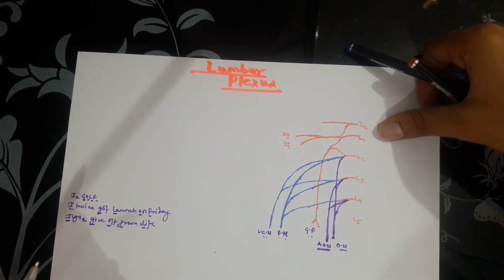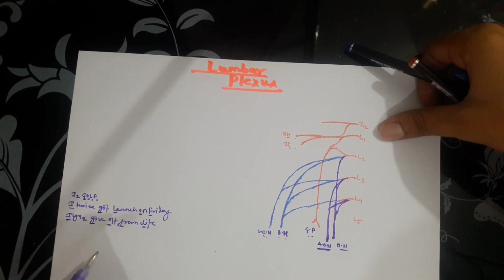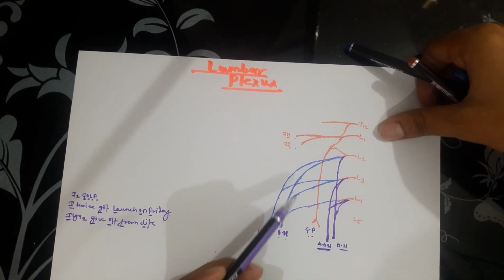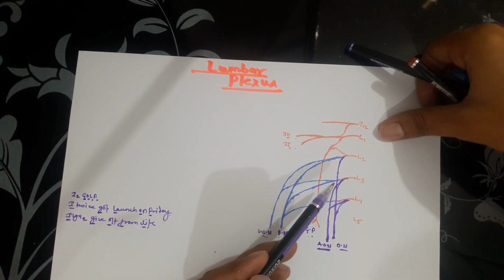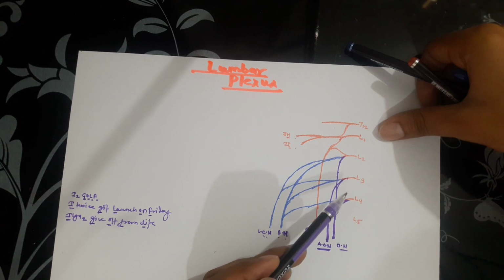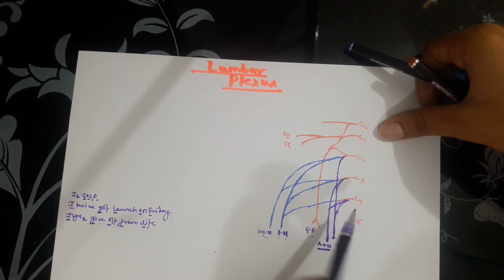Here we can also use a formula through which we can remember how many branches originate from the union of how many roots of the lumbar spine.